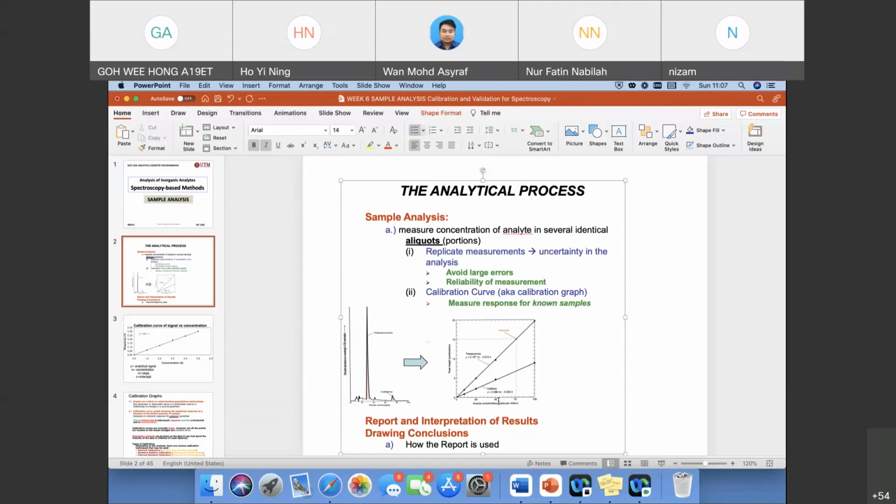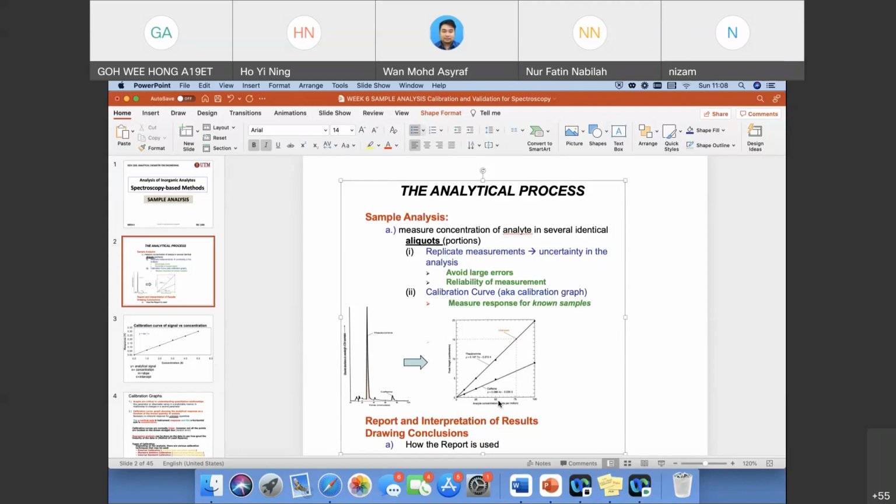All right. So when you do that, you will create some sort of graph. Okay. An absorbance or intensity which corresponds to the concentration that you have prepared earlier. So with that calibration graph, with that calibration curve, you would be able to determine your unknown sample. Okay.